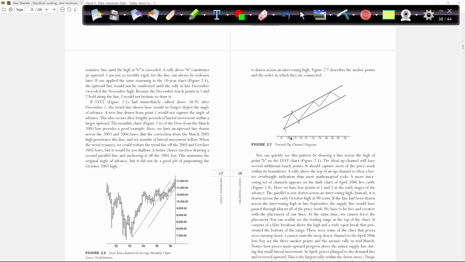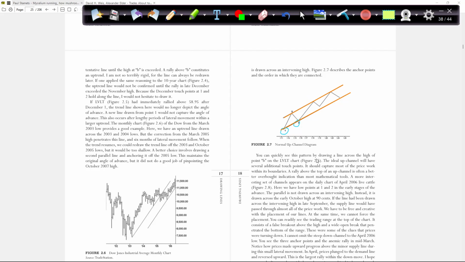So this one, point 1, point 2, drawn like this, channel line. Then with the same angle of advance, we draw the trend channel connecting the high.